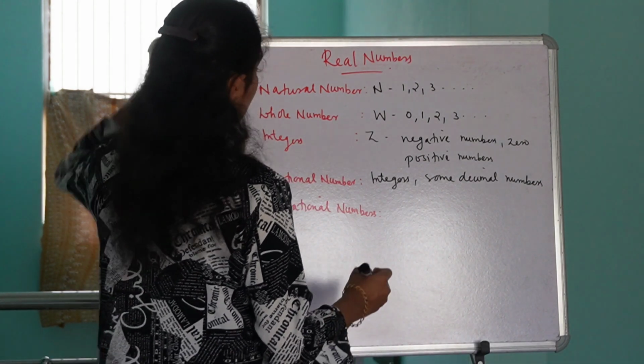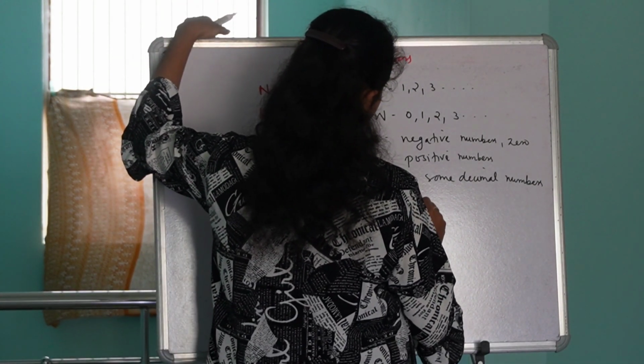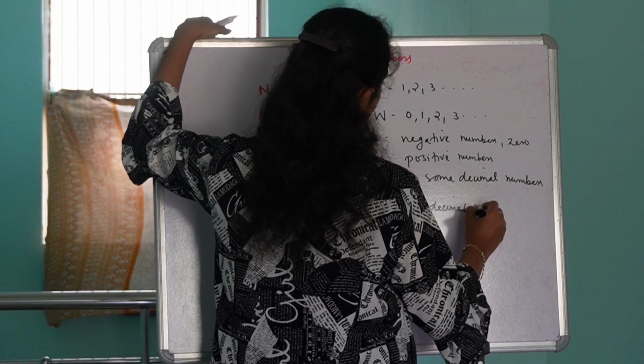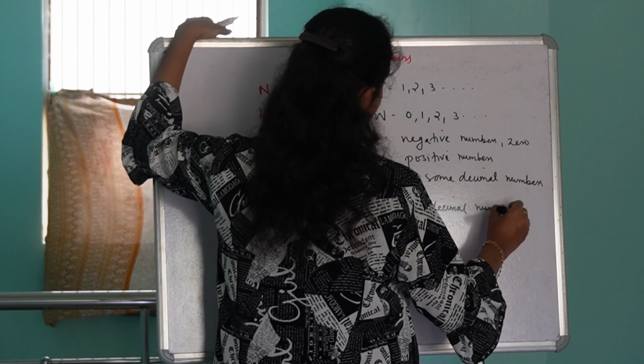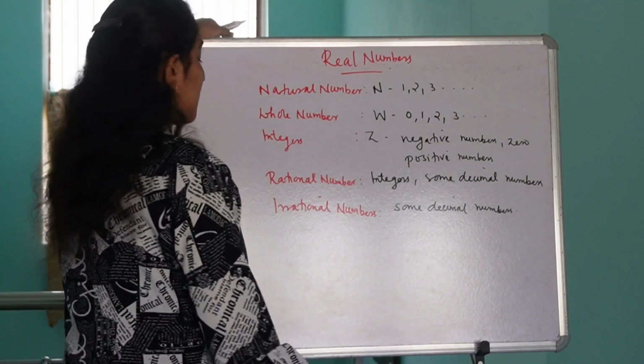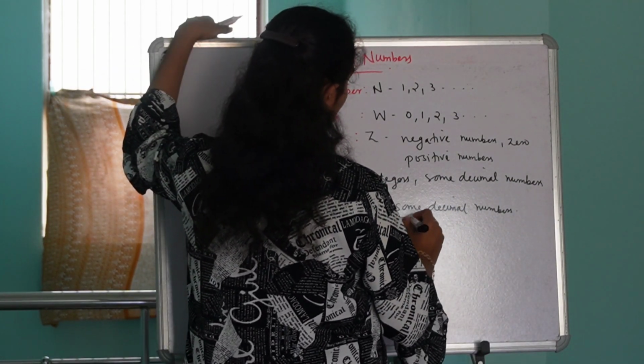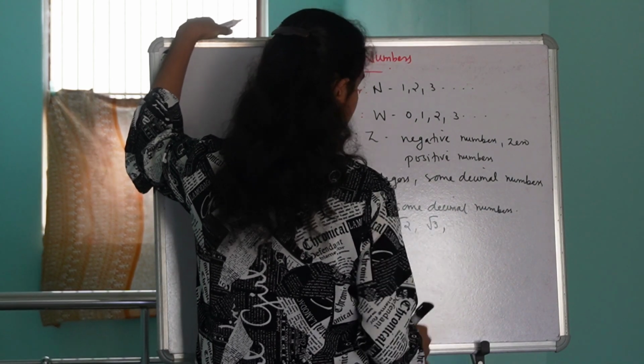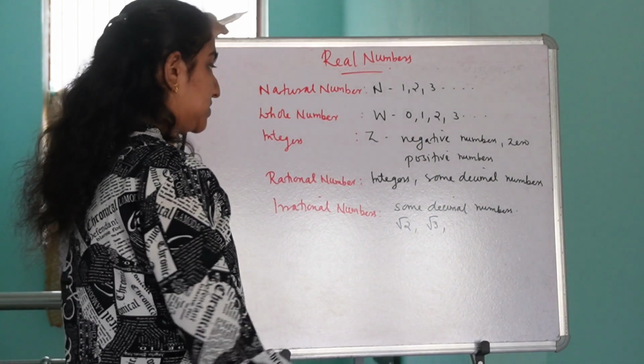So the set of irrational numbers includes some decimal numbers. Say for example, root 2 is an irrational number.